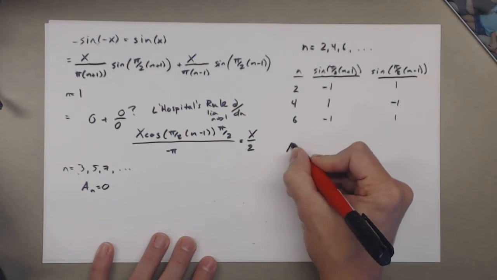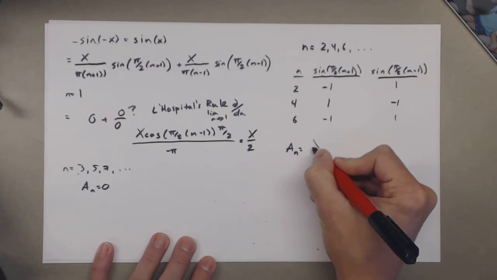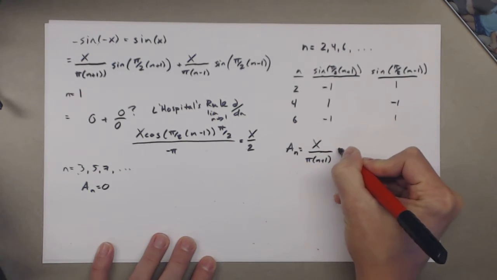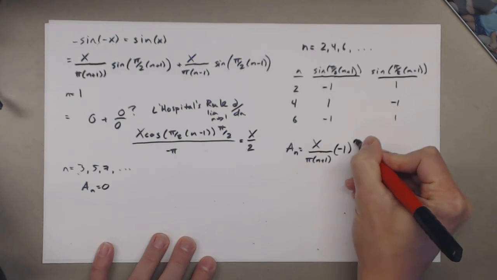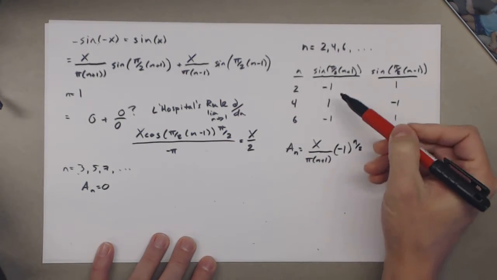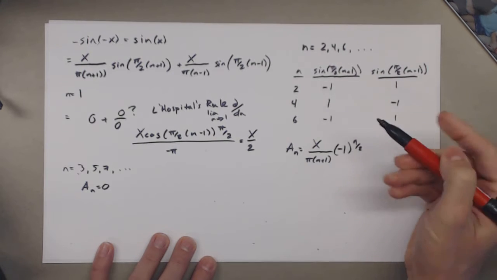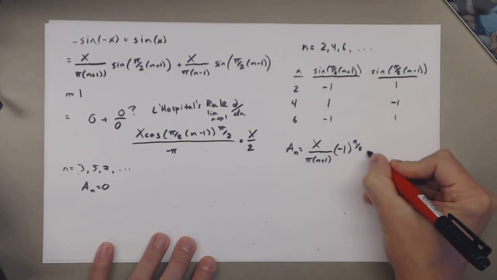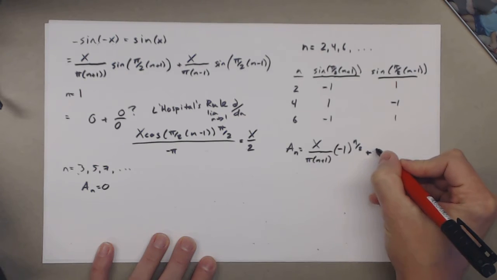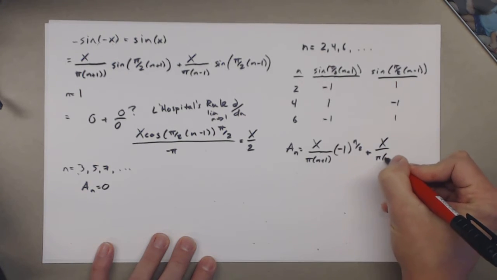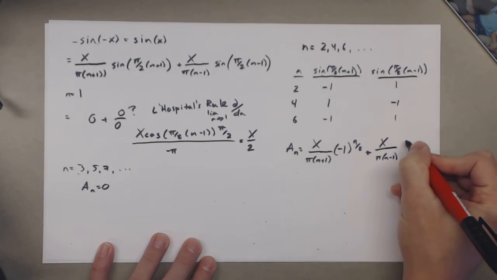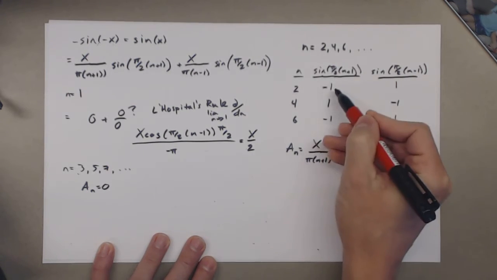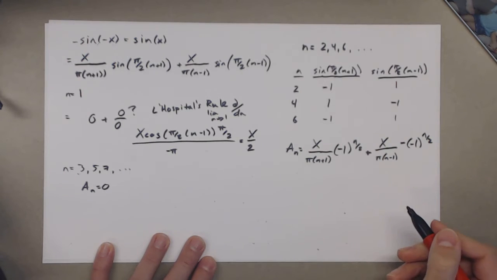So we can say that a_n is going to be x over pi, n plus 1, times minus 1 to the n over 2, divided by 2. So if n is 2, we get minus 1. If n is 4, we get minus 1 squared, so that works. And then for the other term, we get x over pi, n minus 1, minus minus 1 to the n over 2, because we want it to be just the opposite, right?